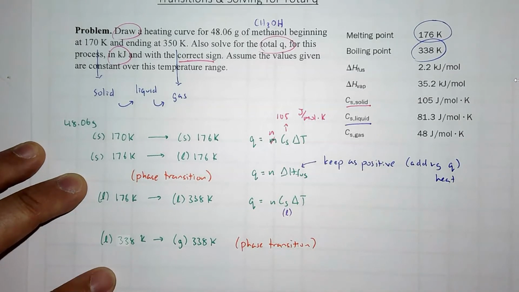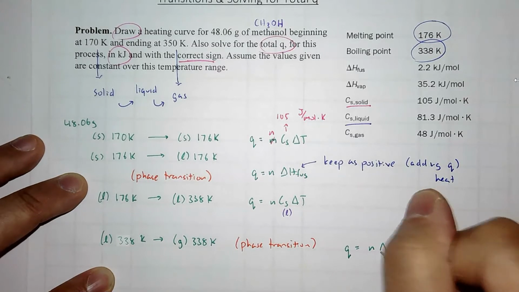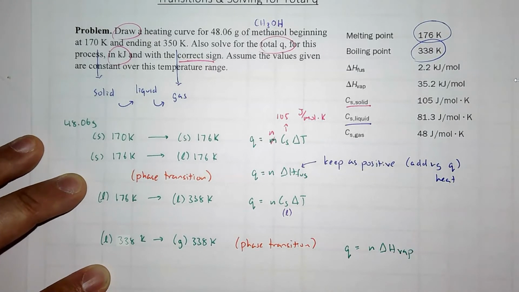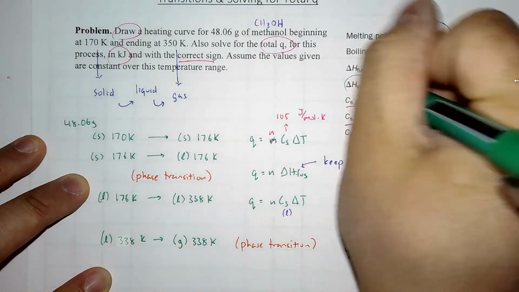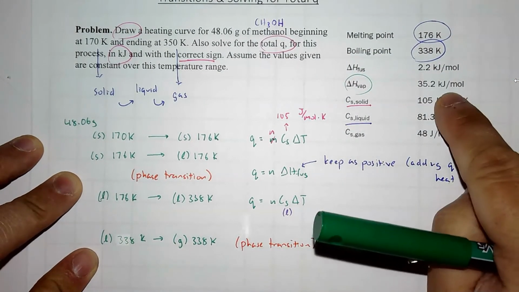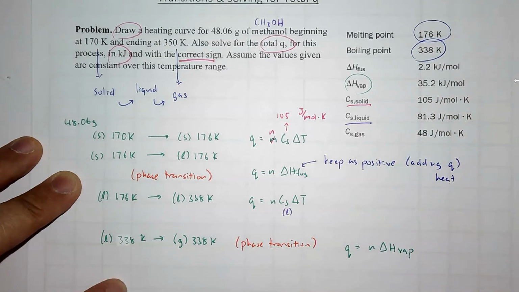This is using the heat of vaporization. Q equals moles delta H vap. Where's that? It's right here. It's the amount of heat needed to evaporate 1 mole of your liquid.